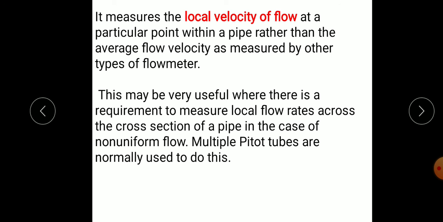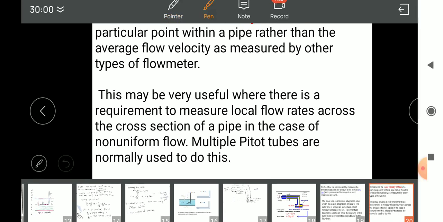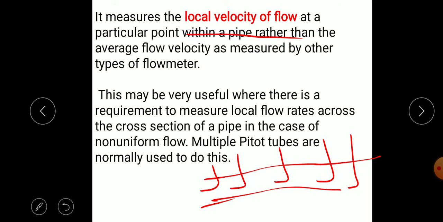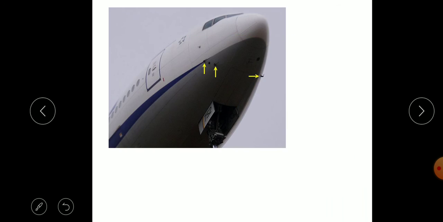Suppose air is flowing through this duct, and we have to measure the velocities or pressure differences at different points. We can use a number of pitot tubes along the flow to measure the local velocities. From this we can determine the pressure head and find the different static pressures or velocities along the flow. That is the pitot tube.